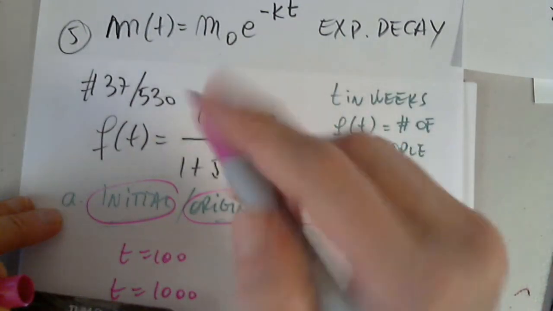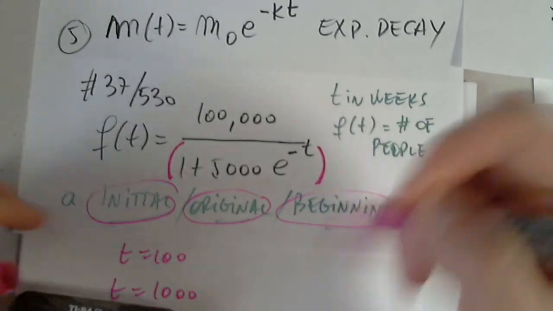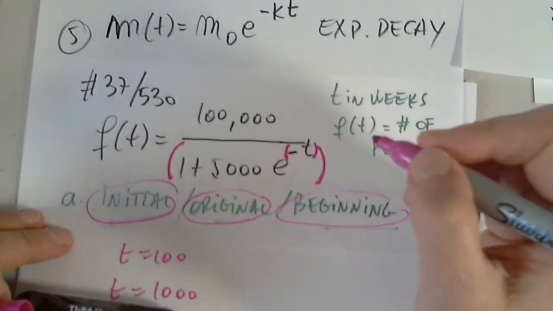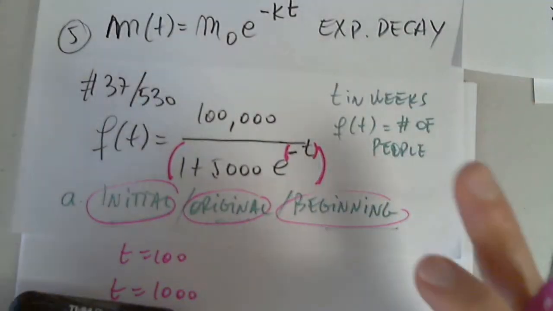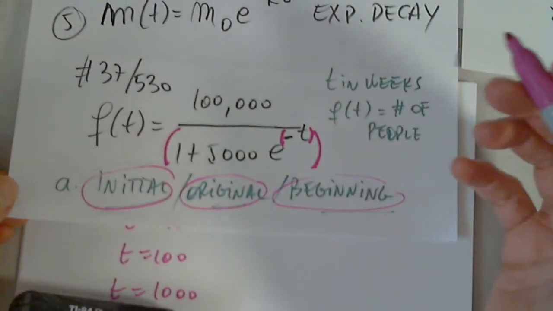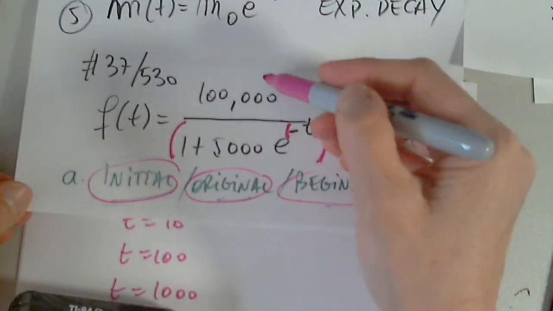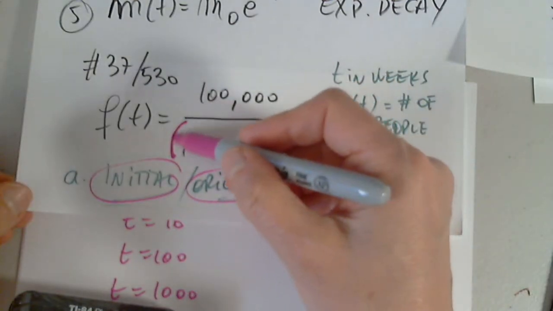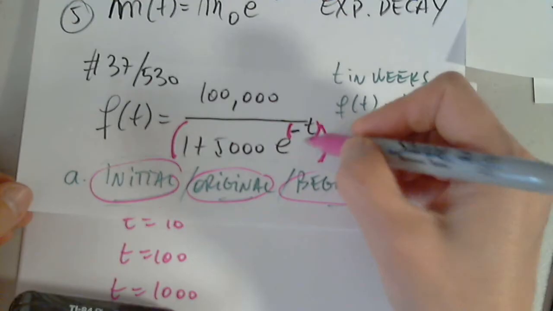But we have to put parentheses around the denominator, and I will always put parentheses around the power, no matter what the power is, because that's what makes me feel comfortable.